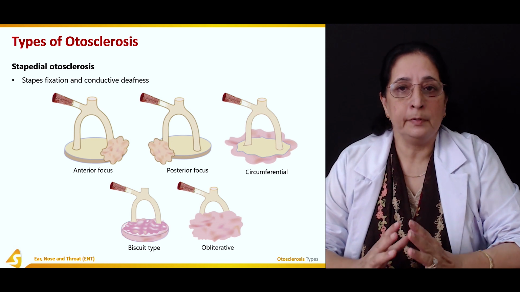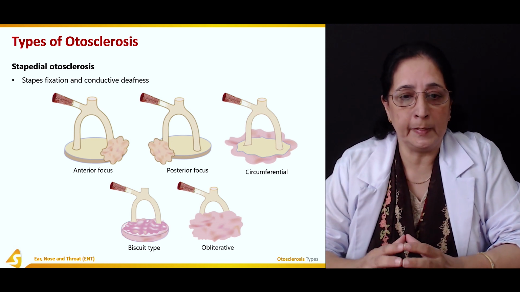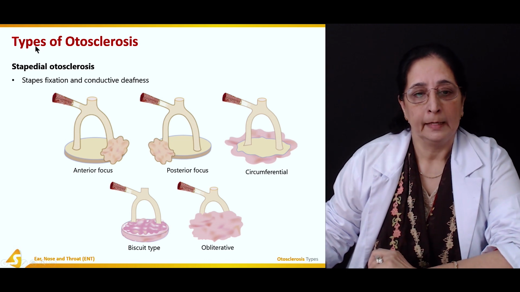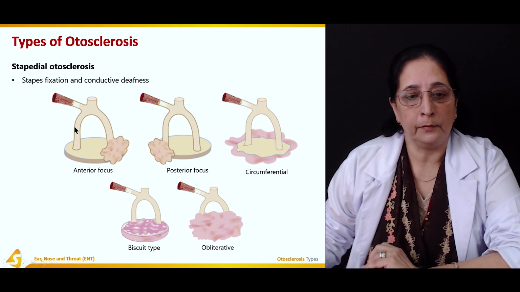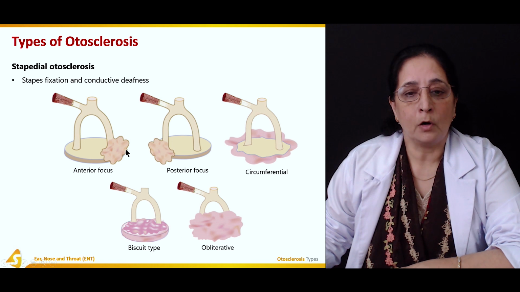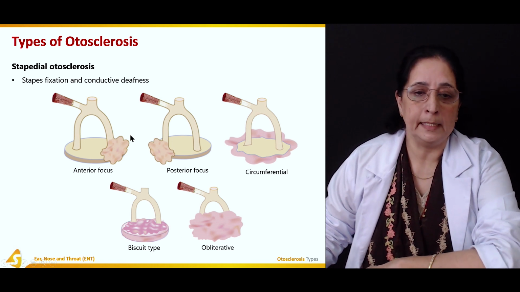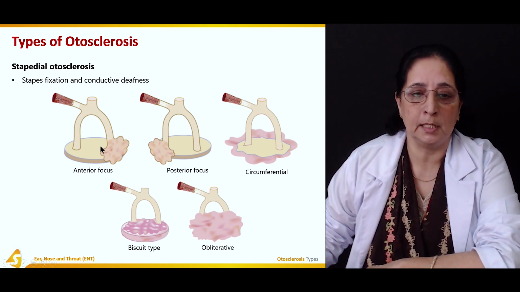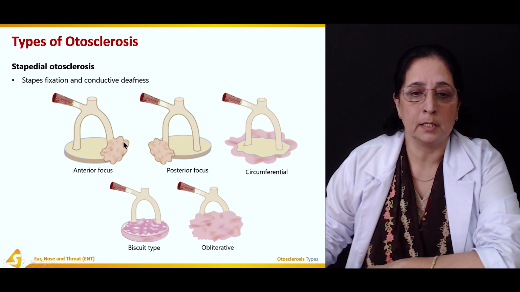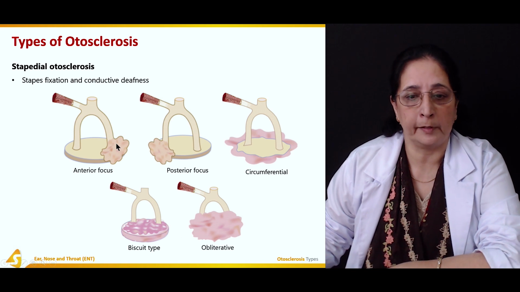So in this, the fixation of the stapes, if you see, this is the footplate of the stapes. If otosclerosis involves the anterior portion, this is the anterior focus, so anterior focus otosclerosis is present.